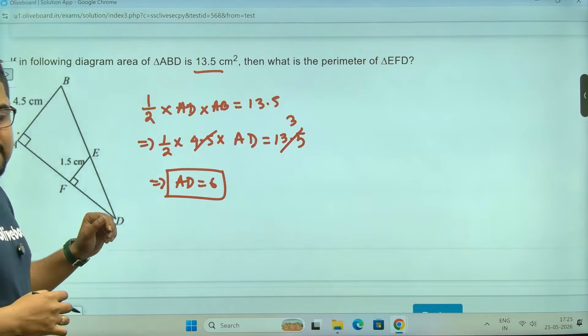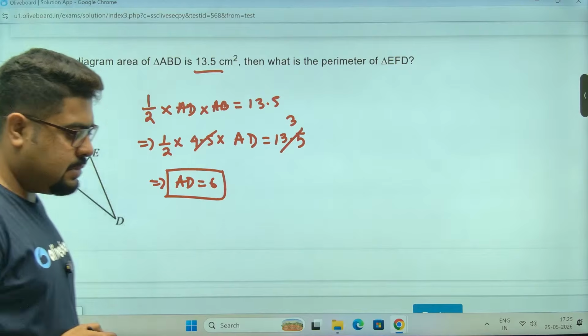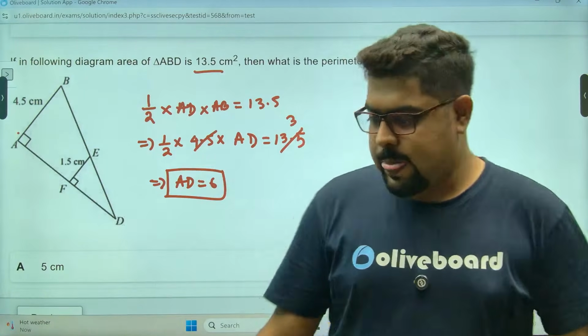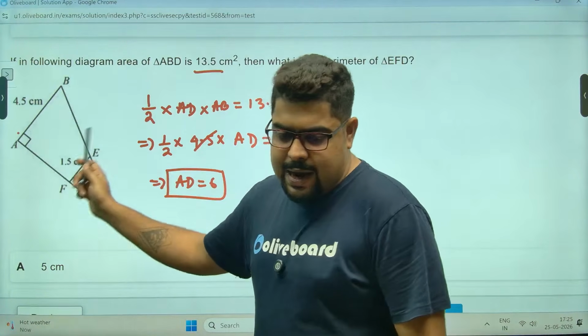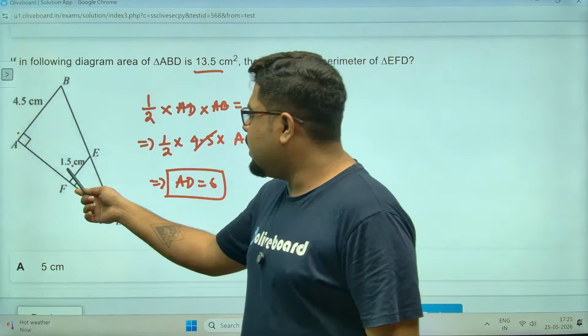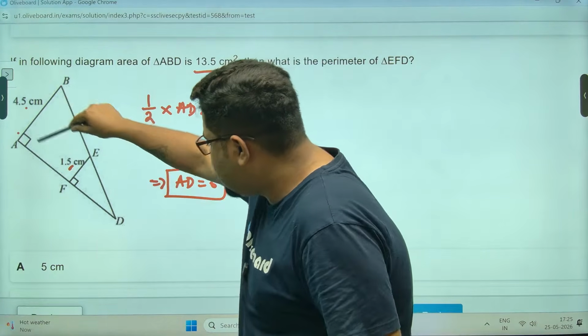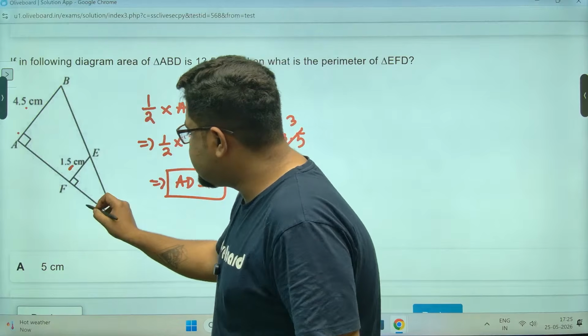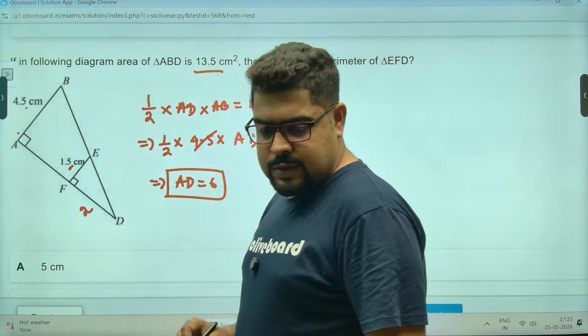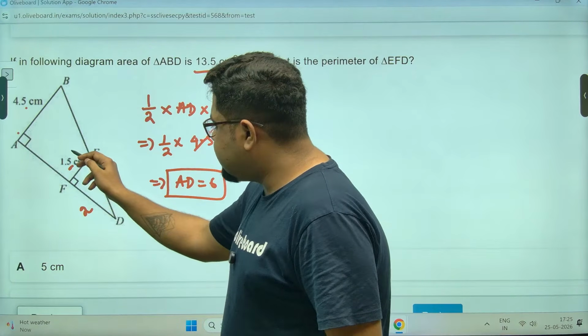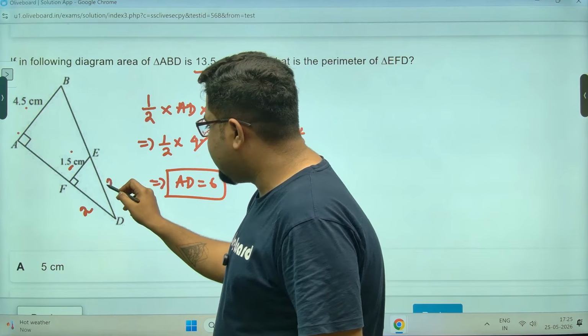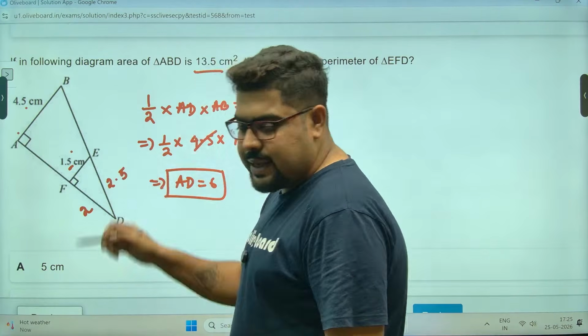Now please understand, sir, this is a similar triangle because of the parallel lines. 1.5 and 4.5 means 3 times. So if the total here is 6, can I say this will also be 3 times, meaning 2? Now again Pythagorean triplet: 15, 20 and this will be 25, meaning 2.5, sir. ED.